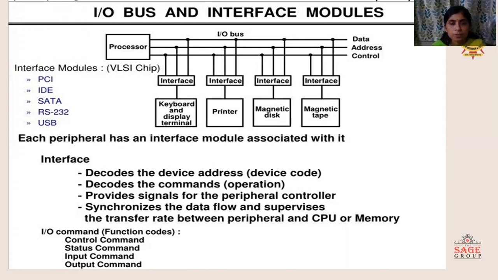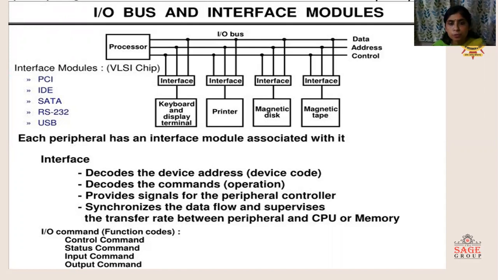This group of wires is known as a bus. Three types of buses are there: a data bus, address bus, and control bus. All these input and output devices are connected to the processor via these different buses.